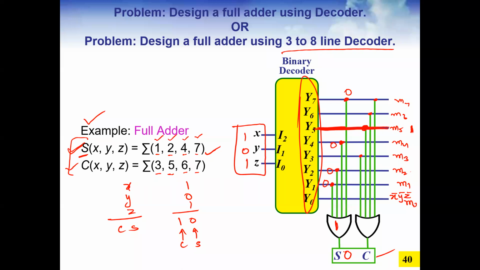What about the next gate, gate number 2? You can see, because you are connecting this Y5 with that one, it means one input is 1. Others are 0. So what will be the output of this OR gate? This will be 1. So this is basically working the same way as an adder.